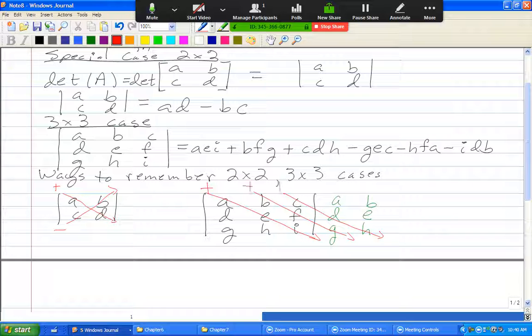Keep the same sign. Multiply this way. And change the sign. So that's ways to remember the 2 by 2 and 3 by 3 cases.